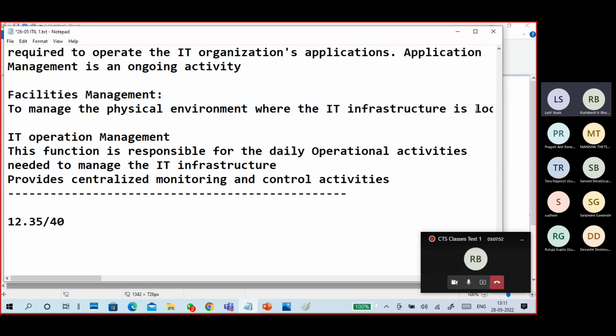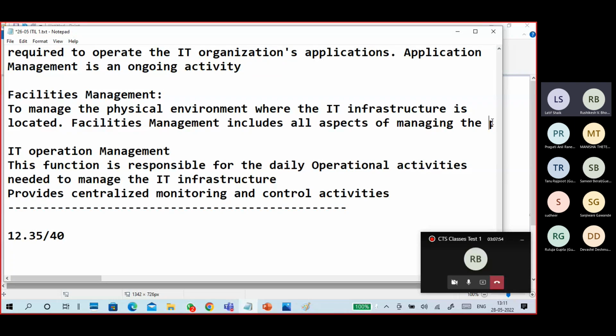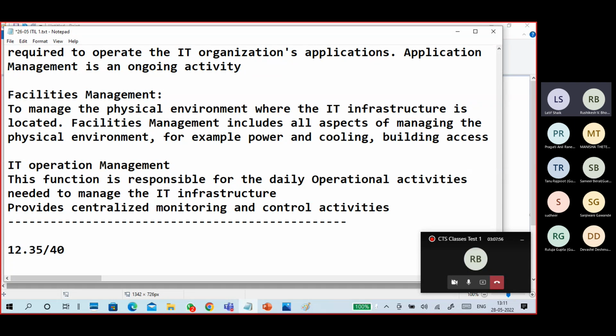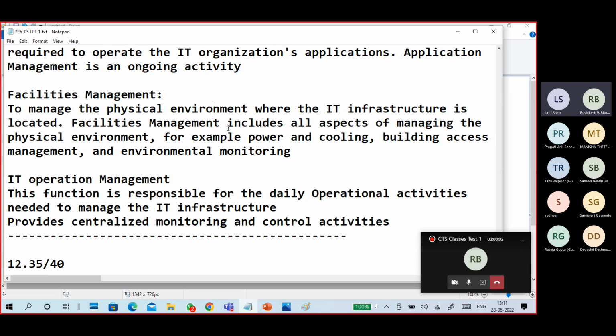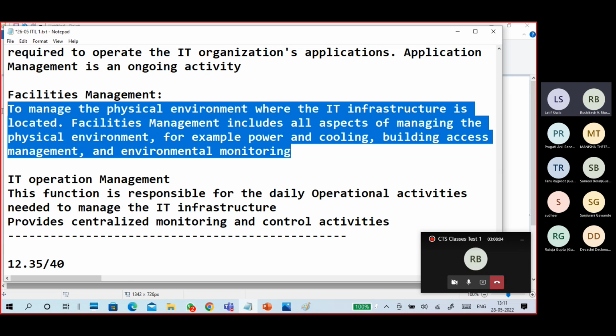Facility management. This is a very important candidate for every IT employee and every organization. He's the guy who is looking after your ACs in both server rooms and employee working places, physical environmental maintenance.